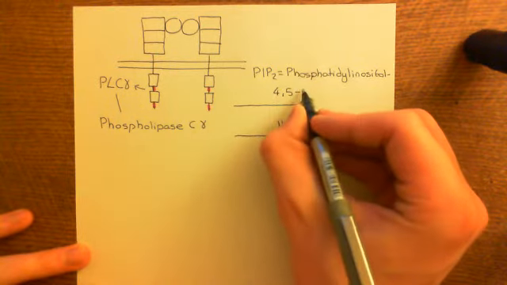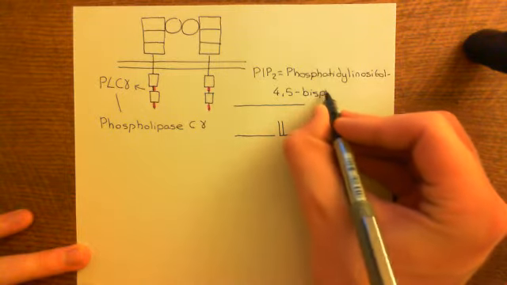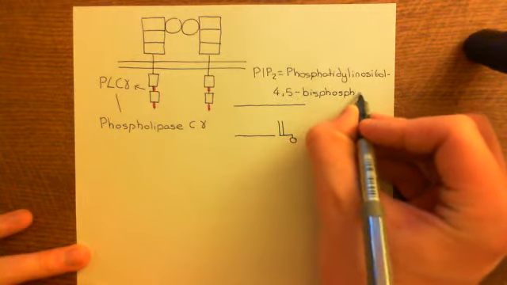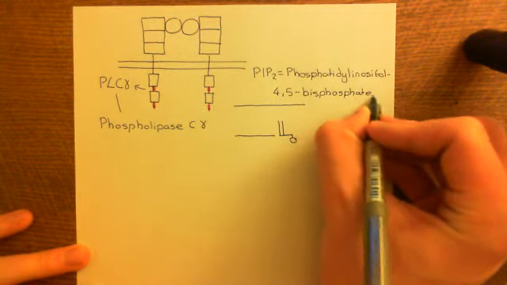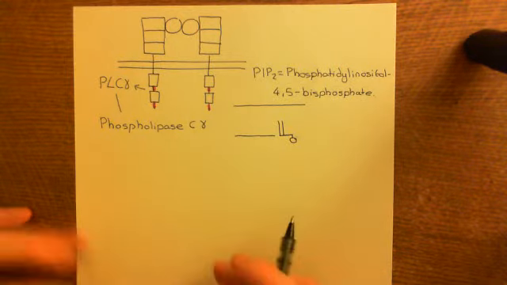So the initial P is for phosphatidyl, the I is for inositol, and then the P2 on the end is for phosphate, and since you've got two phosphate groups, it's P2. So that's phosphatidylinositol 4,5-bisphosphate, or PIP2.